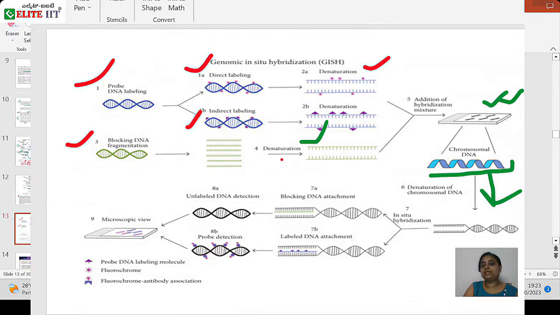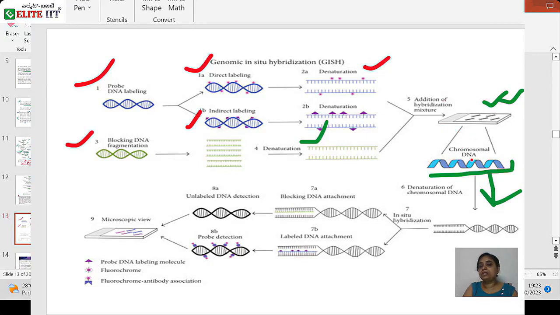Similarly you do the denaturation and have the single strand. Now you add the probe plus the blocking DNA fragment on the slide, or after addition of the double stranded probe DNA and blocking DNA, you can do the denaturation on the surface of the slide, because on the slide the genome also has to be made single stranded.